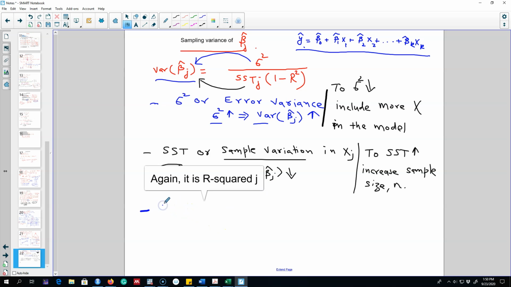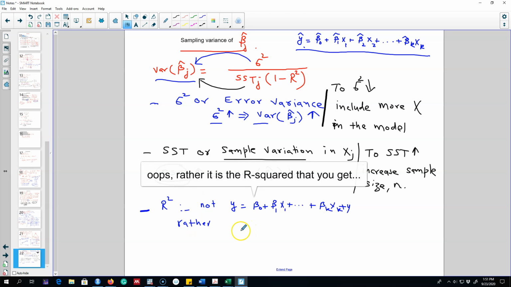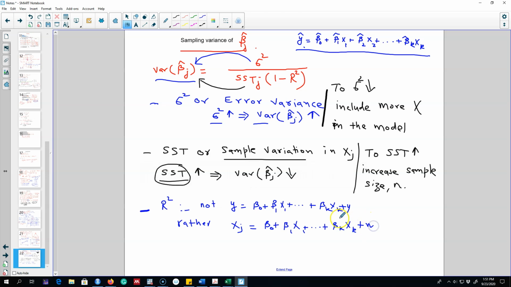And the third part of this equation is r squared. It is not the r squared that you get by regressing the y variable on all these x variables. Rather, it is the r squared that you get from regressing the xj variable on all the remaining x variables. As an example, if you have a simple model of only two parameters, then this r squared is what you will get from running x1 on x2.